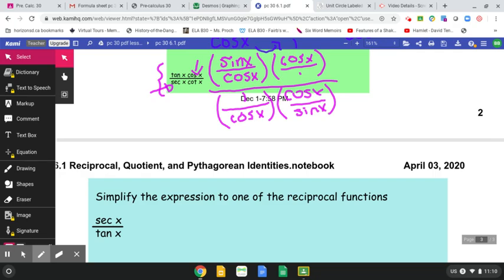Now we get to simplify, and this is awesome because we're going to get lots of stuff that cancels. In my numerator, I can cross out those coses, and in my denominator, I can cross out those coses. So I actually have just sine x in my numerator, and in my denominator, I have 1 over sine x.